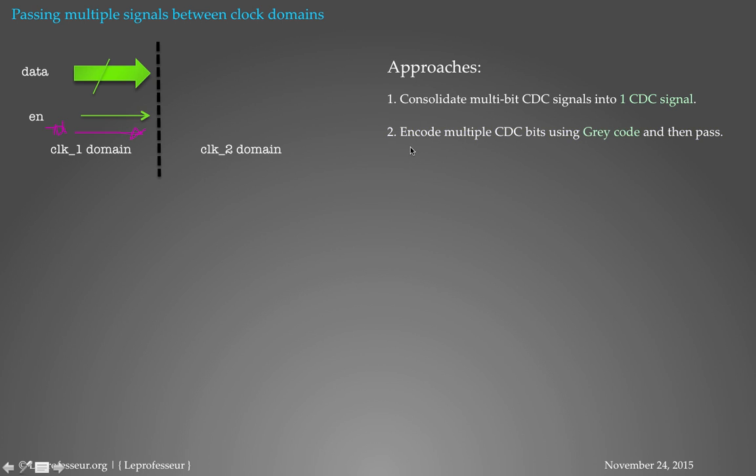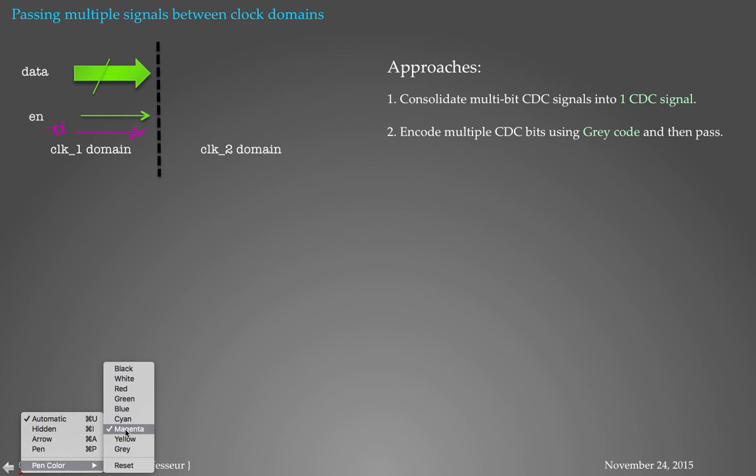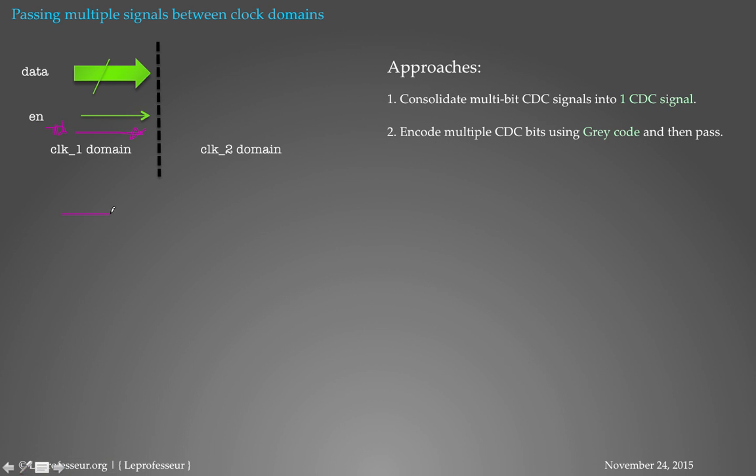Now another approach is that you can use a gray code. For example, you have an enable and ready signal.